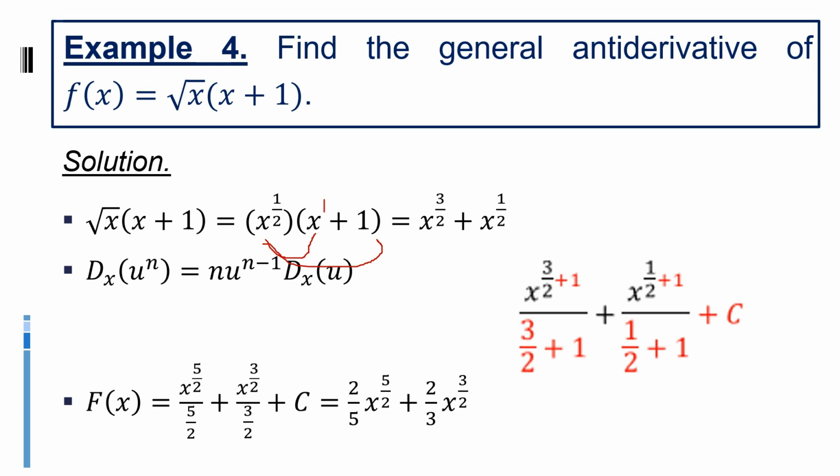Therefore, our antiderivative now is x raised to 5 halves over 5 halves plus x raised to 3 halves over 3 halves plus c, or that is 2/5 x raised to 5 halves plus 2/3 x raised to 3 halves plus c. Yan. Nakalimutan lang natin si c.